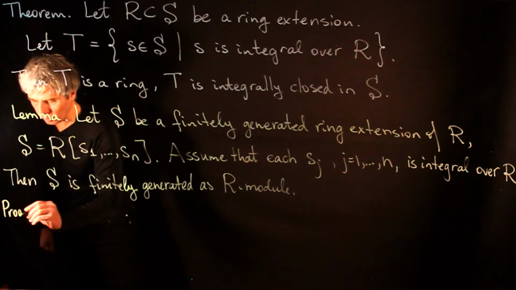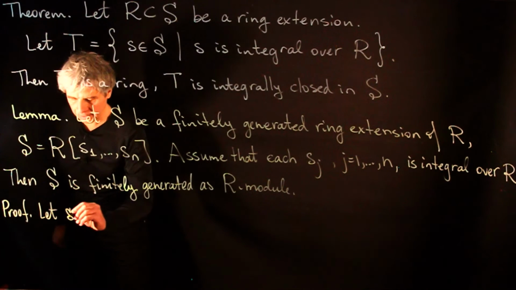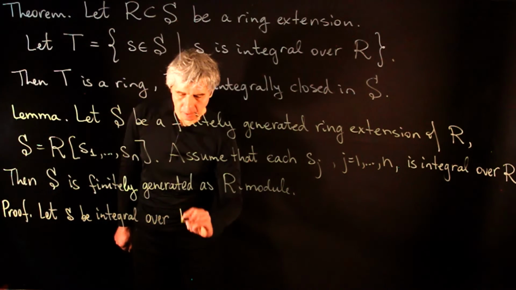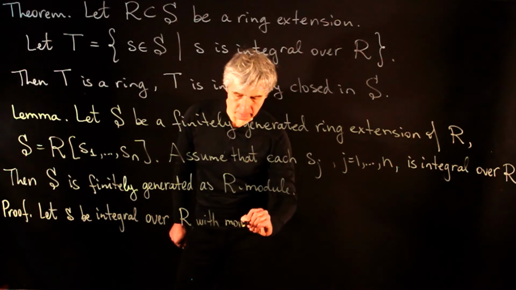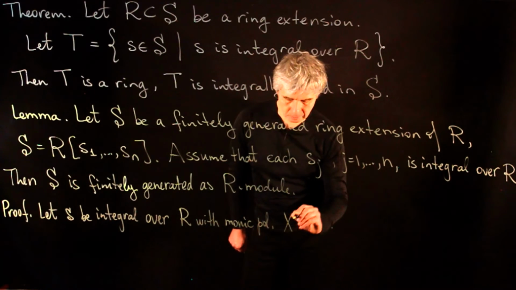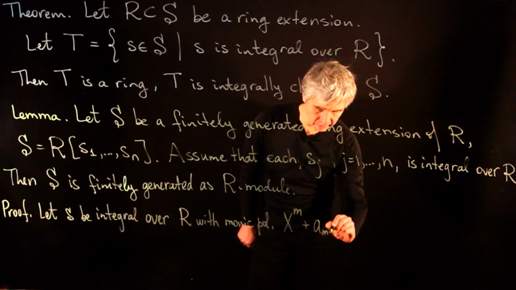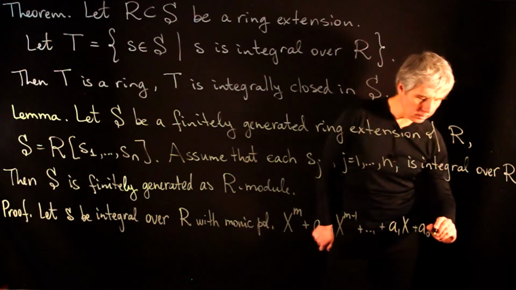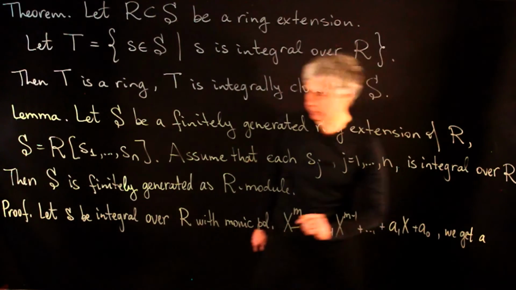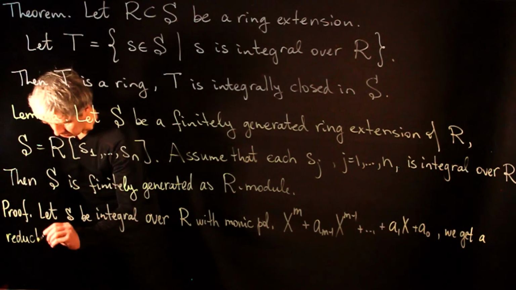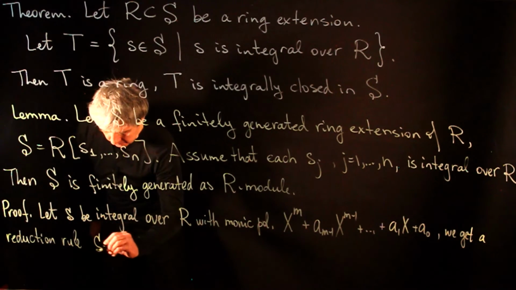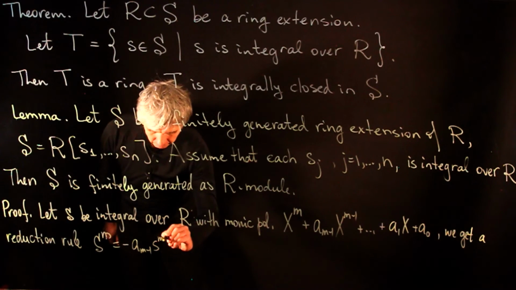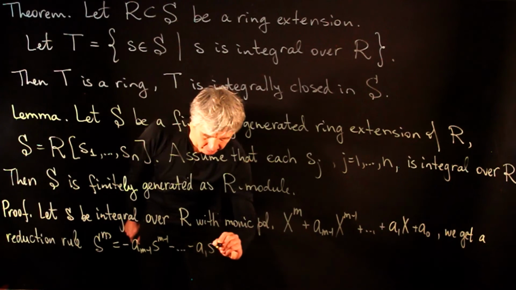As a proof, we observe that if we take s to be integral over R with monic polynomial x to the power m plus a(m-1) x to the m minus 1 plus ... plus a1 x plus a0, then we get a reduction rule that s to the power m is equal to minus a(m-1) s to the m minus 1 minus ... minus a1 s minus a0.